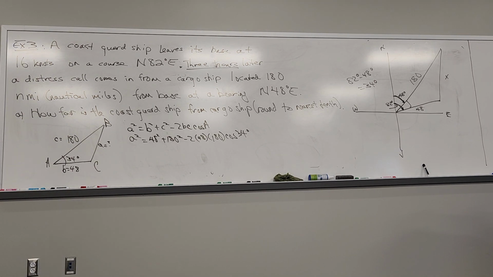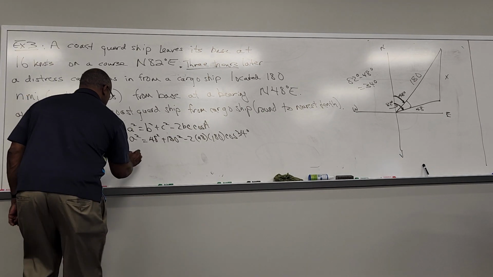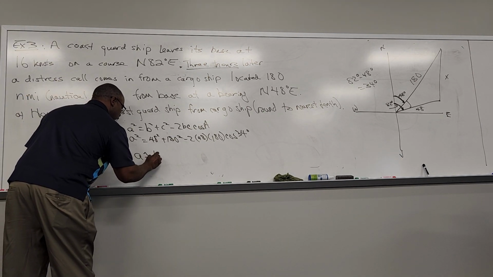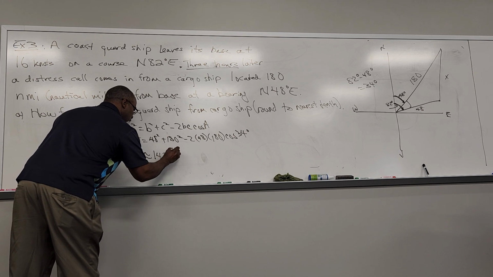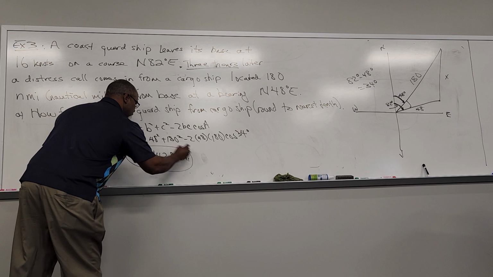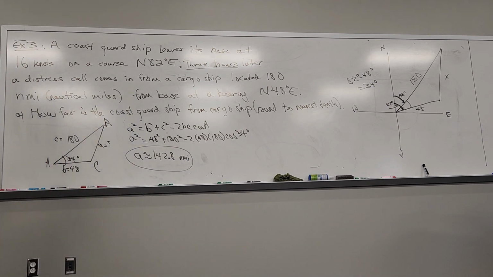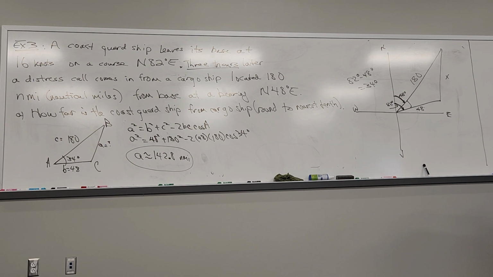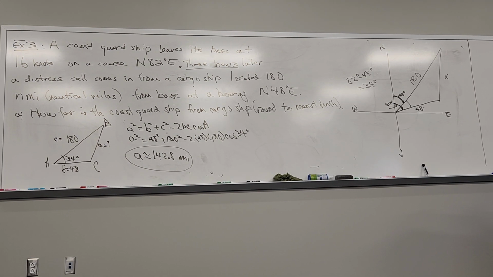Do your math. A turns out to be 142.8, and this is nautical miles. That's the answer to part A. How far are the ships apart? Well, they are apart by 142.8 miles.